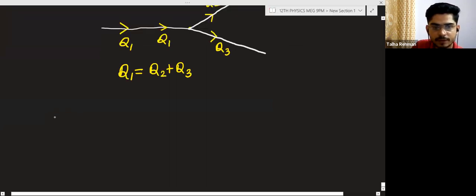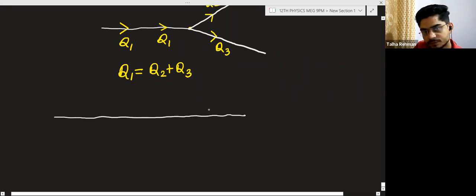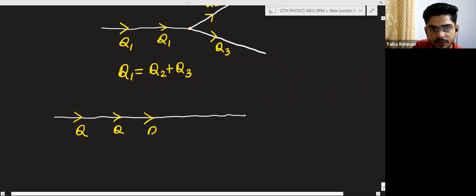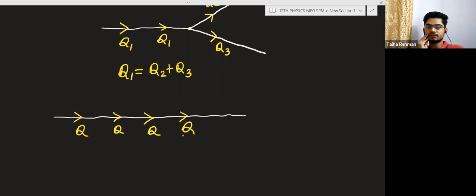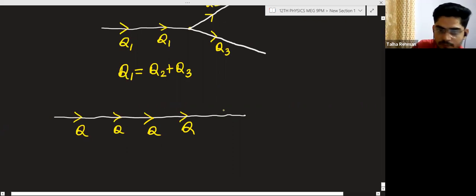Now if I am taking a straight wire, no capacitor is connected, no resistor is connected, so in this wire there will be the same charge. The charge will remain the same until the wire remains the same, meaning if there is no branching. So in the whole wire the charge is the same.